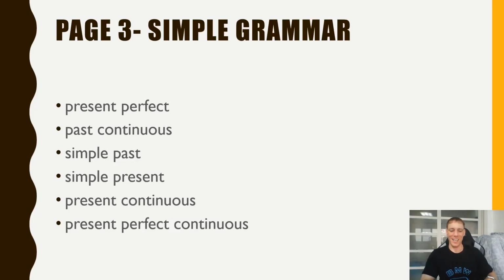The next one, a habit or repeated action in the present, is the simple present. An action in progress in the present, so happening now, so it's continuous, is the present continuous. And an action that started sometime in the past and is still continuing is the present perfect continuous. So those ones are going to be super easy.